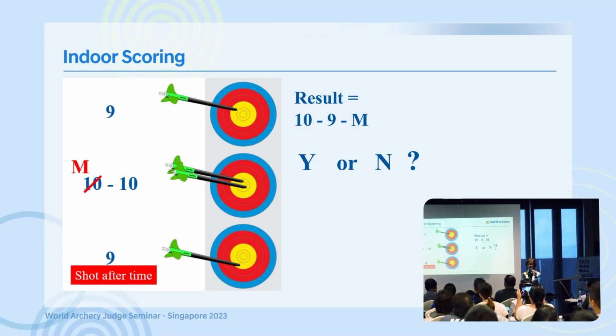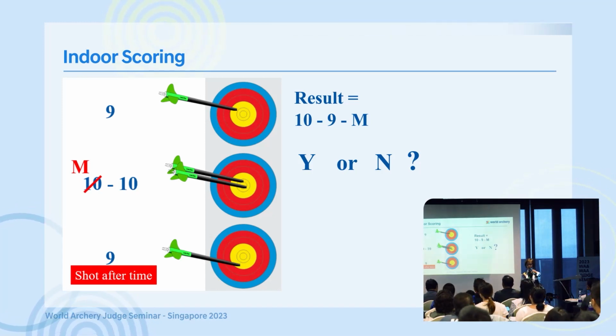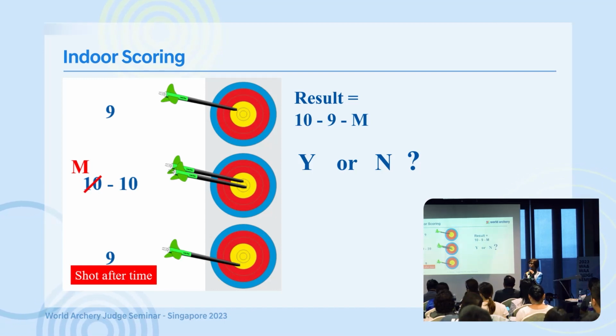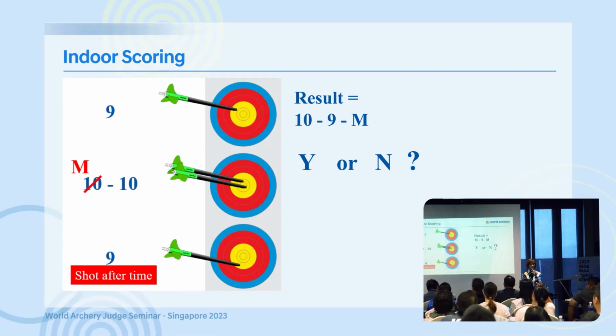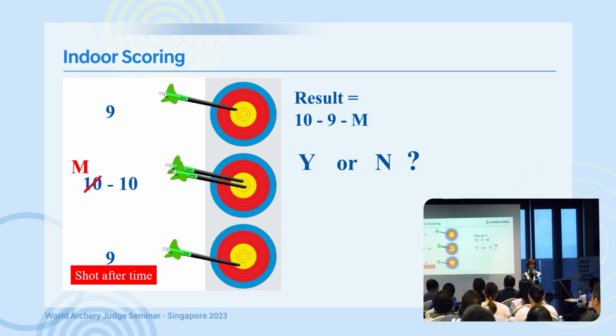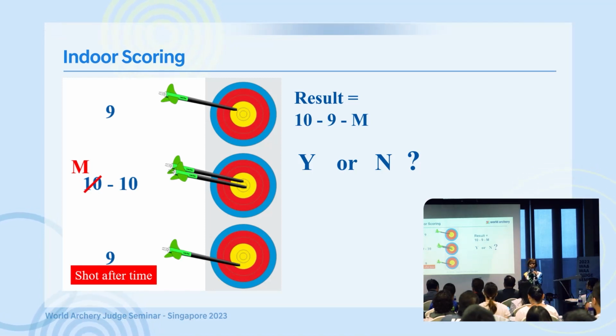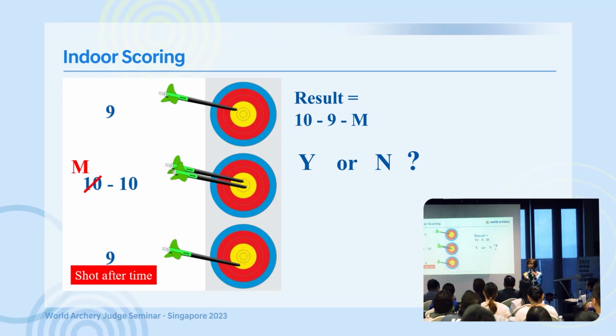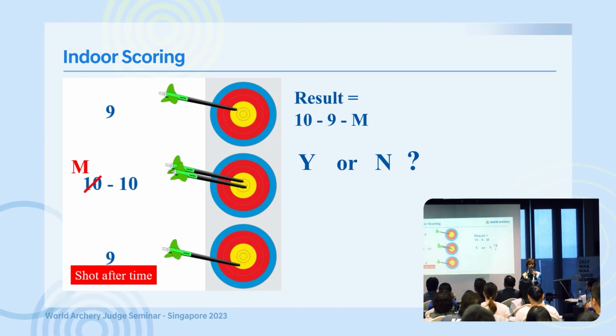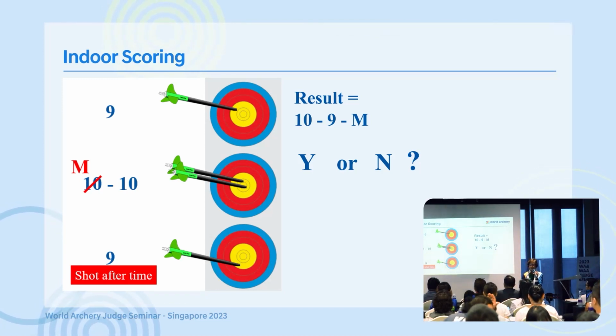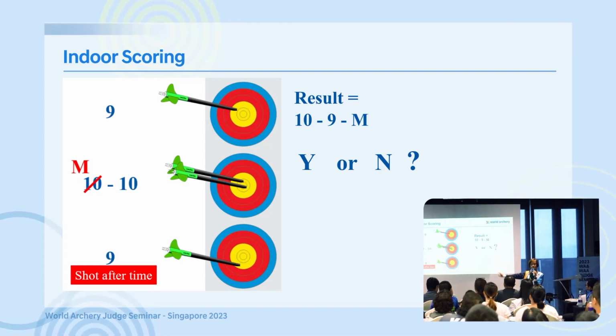So you have one on top, two in the middle, one at the bottom, but one arrow has been shot after time. How many errors are here? There are three errors here. So how do you deal with them, and in what order? You deal with the middle one first because it has two arrows.